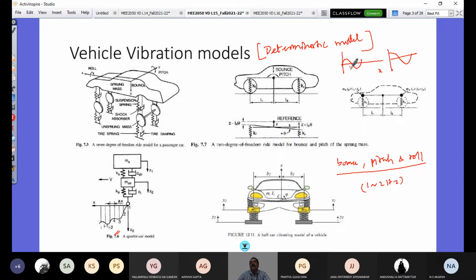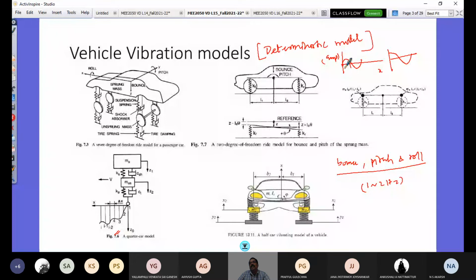If I have n number of such road profiles combined, that is what refers to the random nature of the road profile. This is my amplitude of road; at any distance I would be able to say the value of my road elevation.